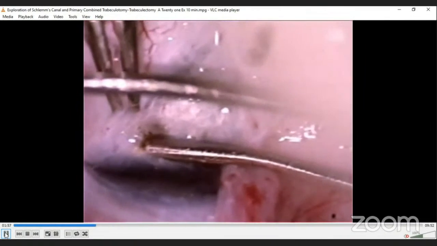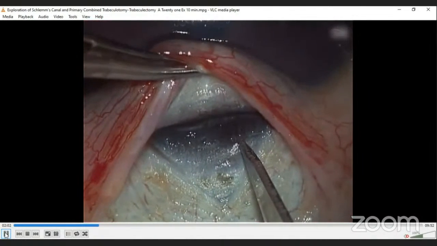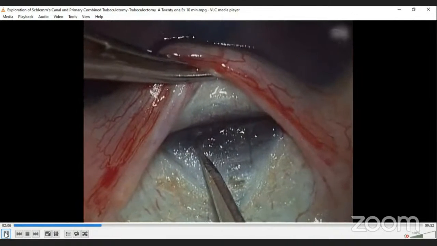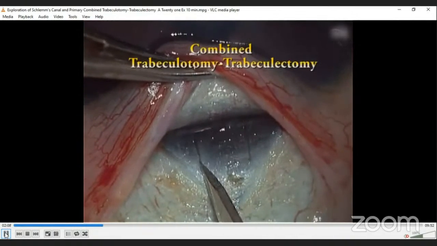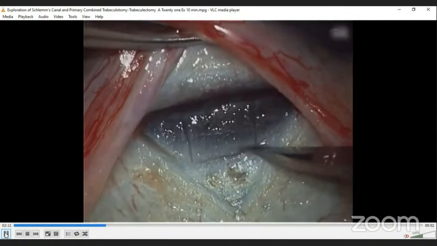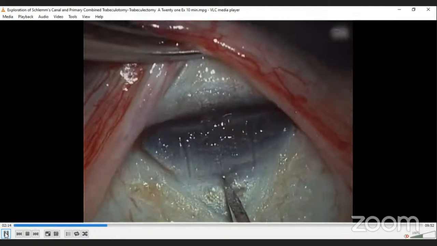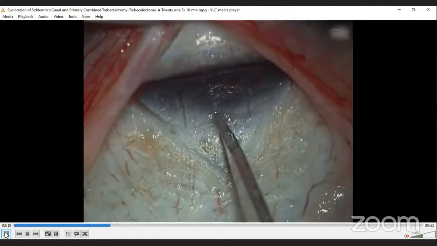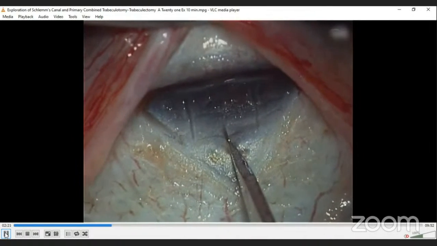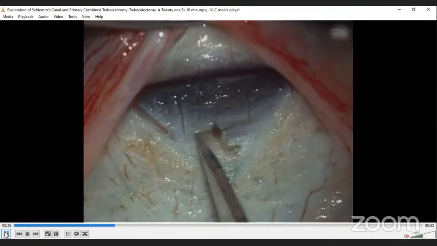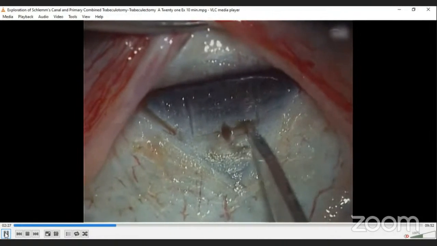Here we are confirming that Schlemm's canal has been dissected properly. Combined trabeculotomy trabeculectomy is performed under a partial thickness scleral flap, limbus based, and the delineation is done to mark. Under higher magnification, a gradually deepening incision is given to cut inside the superficial wall of the Schlemm's canal.